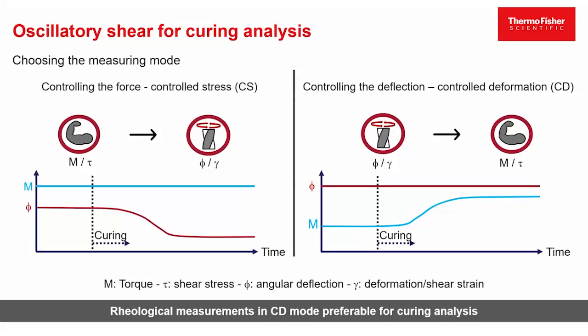Please note that the diameter of the measuring geometry plays a critical role here. The larger the diameter, the higher the detected torque at a certain deflection. This is beneficial at the beginning of the experiment when the sample is not fully cured and the rheometer is operating at very small torque values, but after the curing took place, the resulting torque might reach the upper torque measuring capabilities of the rheometer.